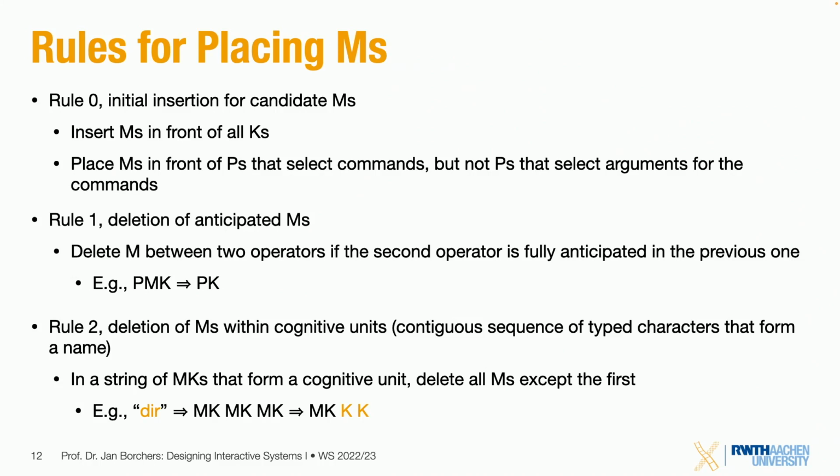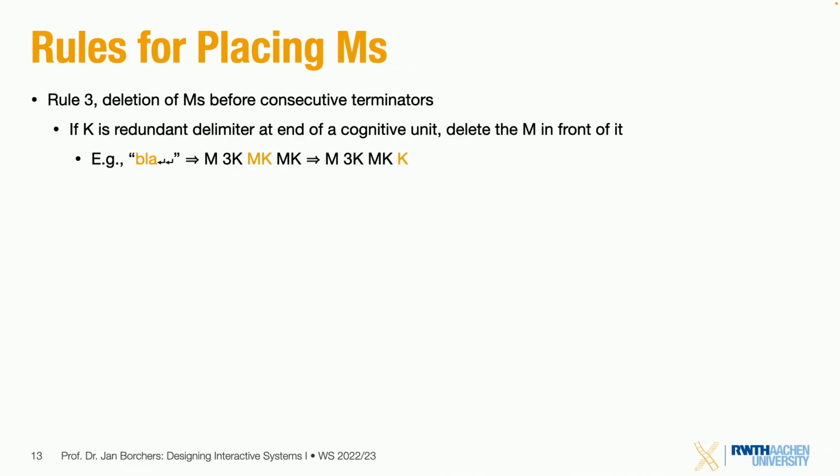So we have more rules to throw stuff away, right? Rule 3 says, if I have consecutive terminators, I can also throw this away. So if K is a redundant delimiter at the end of a cognitive unit, you delete the M in front of that as well.